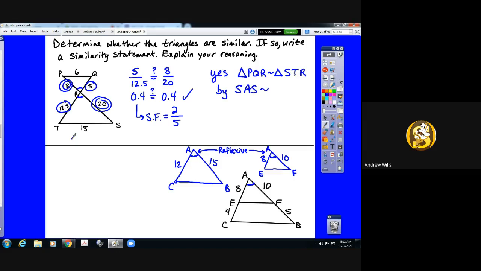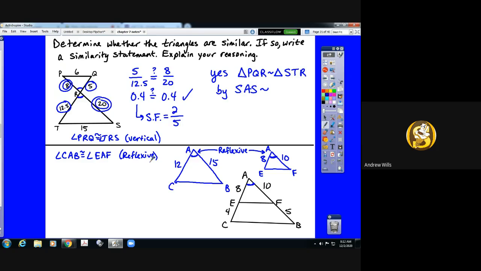Sort of like up here, our angle pair was PRQ congruent to TRS because they were vertical. Here we have angle CAB congruent to angle EAF because it's reflexive. Your reasoning should contain an actual statement of congruence plus why the angles are congruent if you're going to do side angle side.